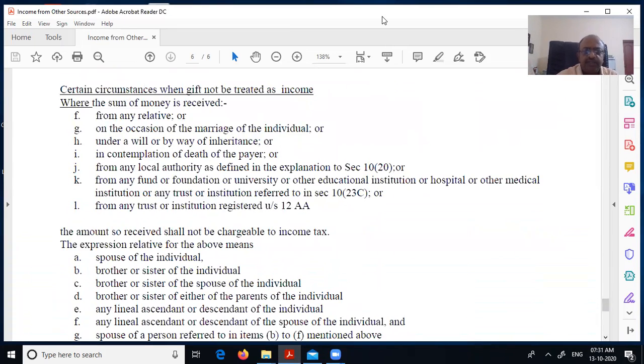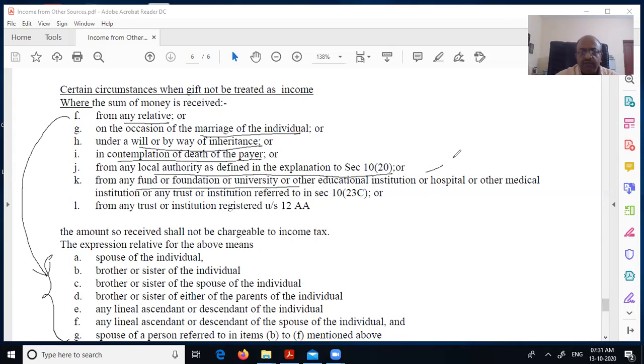When the sum is received as a gift from whom? From any relative. The meaning of relative is given here. On the occasion of marriage of an individual, by way of inheritance, in contemplation of death, from any local authority as defined, or from any fund, government, foundation or university, because especially when you get a grant or scholarship, all this cannot get taxed.